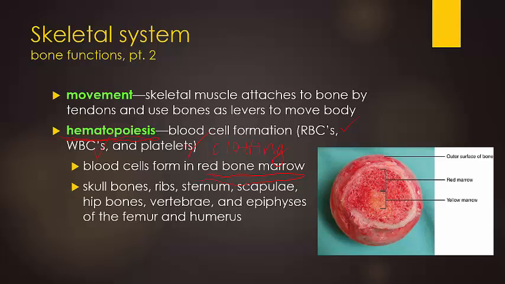So the skull bones, the ribs, the sternum, the scapulae, the hip bones, the vertebrae, and the epiphyses of the femur and the humerus are all locations of significant amounts of red bone marrow.